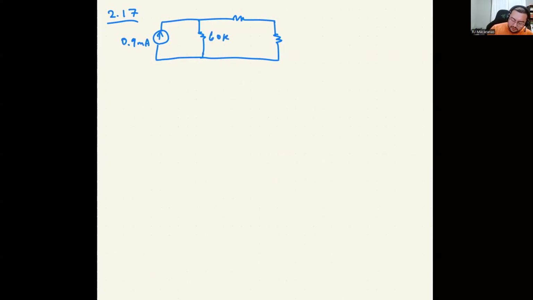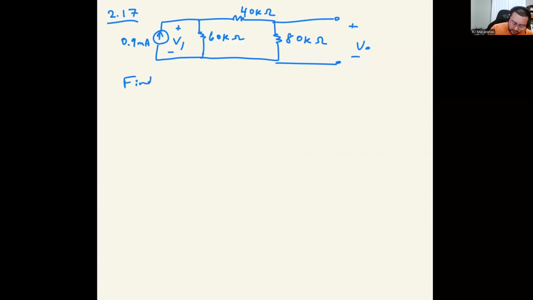There's a resistor here, 60 kilohms, another resistor here, 40 kilohms, and another resistor here of 80 kilohms. They've defined this to be the output voltage, and this to be some voltage V1. It looks like we want to find I1, I2, and the output voltage VO.